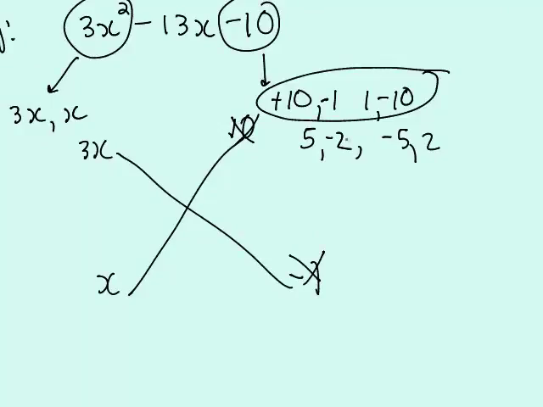It's almost a little bit of guess and check in factoring, I find. So let's try 5 and negative 2 or 2 and negative 5. Because the middle term is negative, I would choose a bigger negative number. So I'm going to put a 2 here.